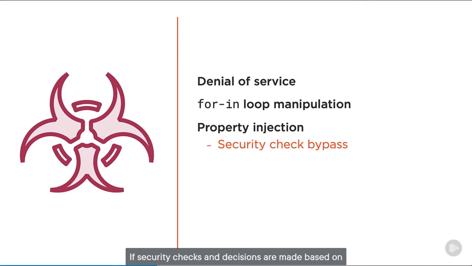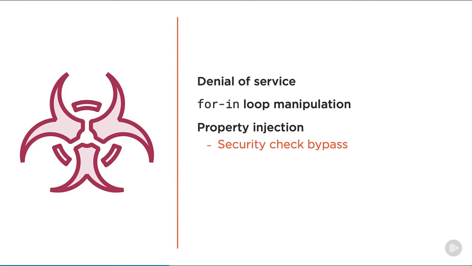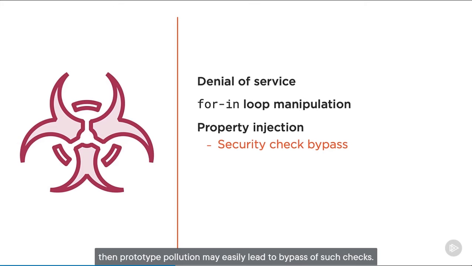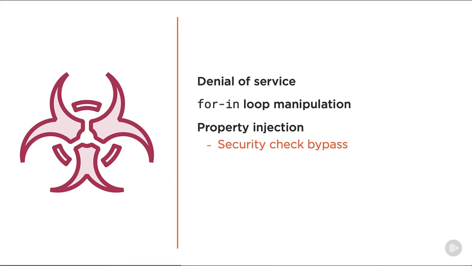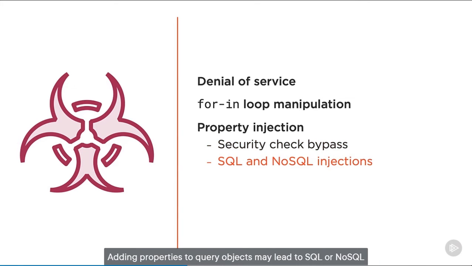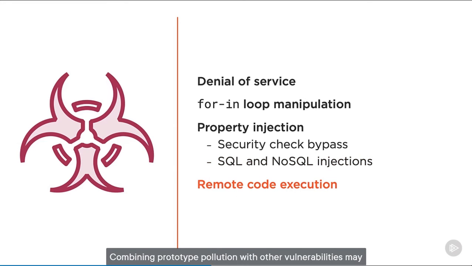If security checks and decisions are made based on presence of an object property, then prototype pollution may easily lead to bypass of such checks. Adding properties to query objects may lead to SQL or NoSQL injection vulnerabilities and sensitive data leaks. Combining prototype pollution with other vulnerabilities may sometimes even lead to remote code execution attacks.